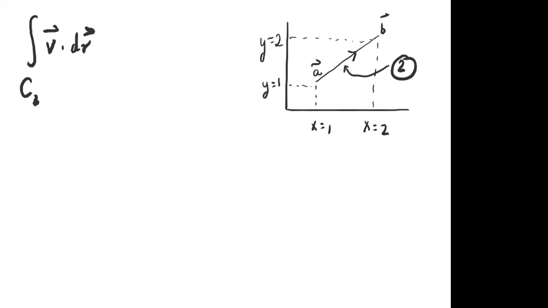So there are 3 things you have to be able to do. You need to know the vector over which you're doing the line integral. You need to know what the differential line element is, or the displacement vector is, dr, and you're going to need the path.